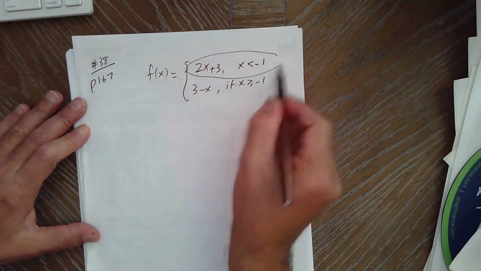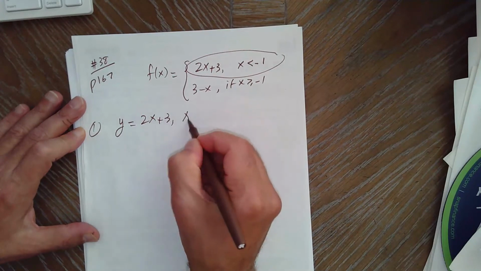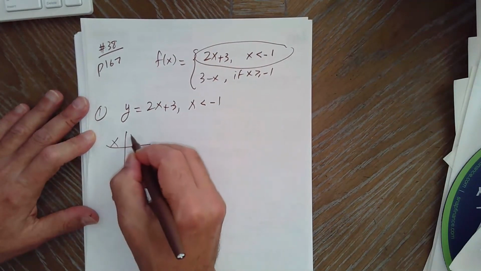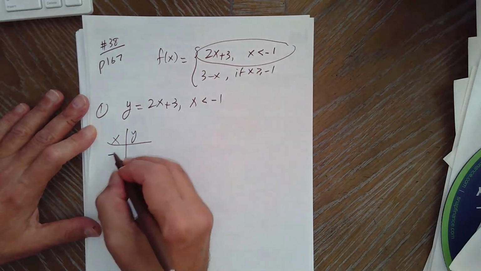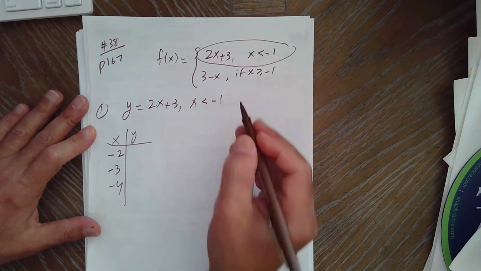So the first piece is right there. f of x equals 2x plus 3, but remember the domain, you can only pick values from that piece. So less than -1, we can do -2, -3, -4. We cannot do 0 here, or 1 or 2.